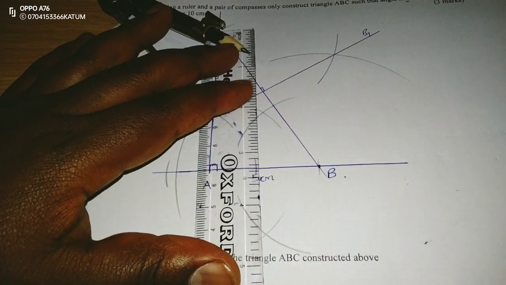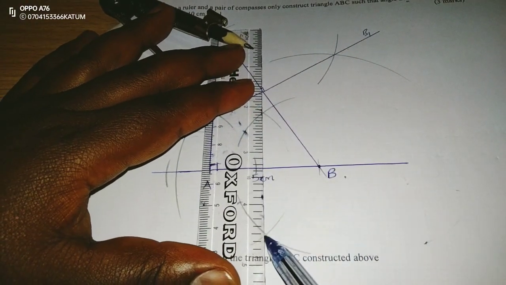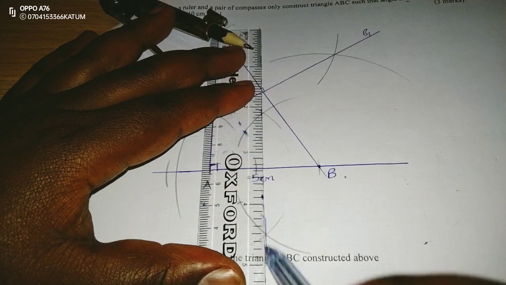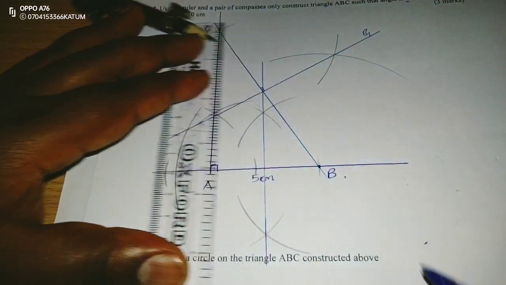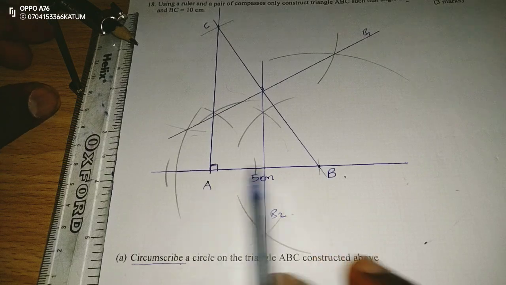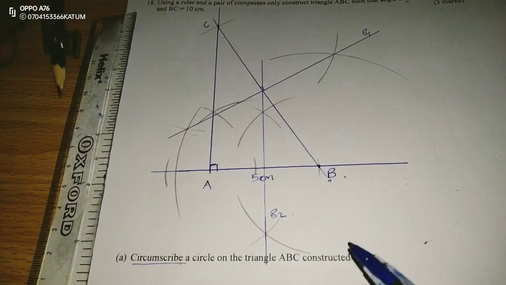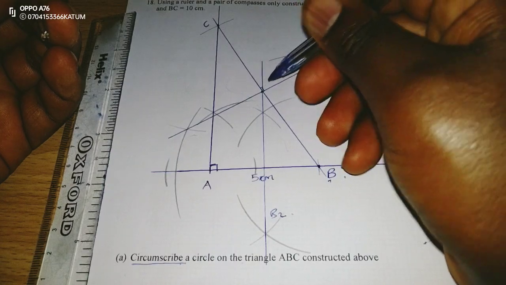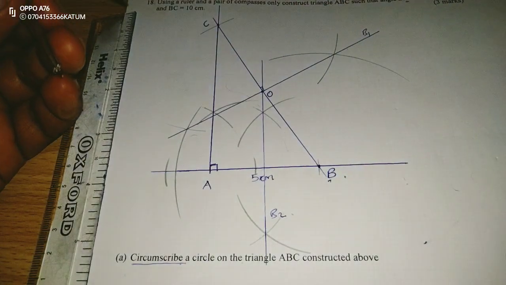Now when I join these two arcs, I'll have gotten the bisector. This is the second bisector for AB. Now, the intersection of the bisectors gives us what we call the circumcenter, O, the circumcenter.